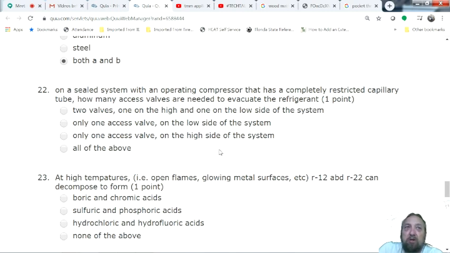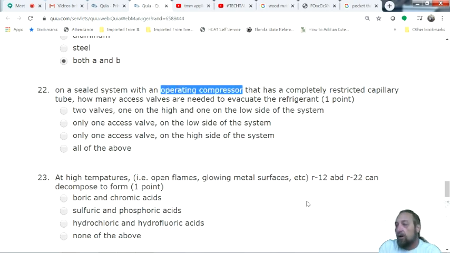Remember, if you're using an operating compressor, we're going to go to the high side, like by the dryer filter, and let that compressor pump the freon out for us or help us achieve the proper recovery. So if the compressor is operating, you only need one access valve, but you need that access valve on the high side of the system.